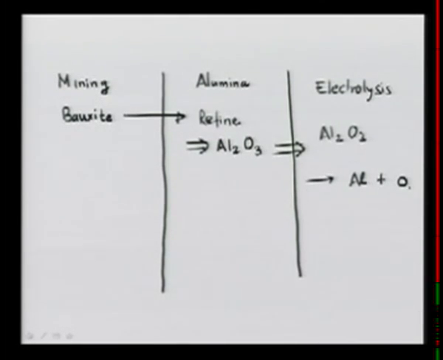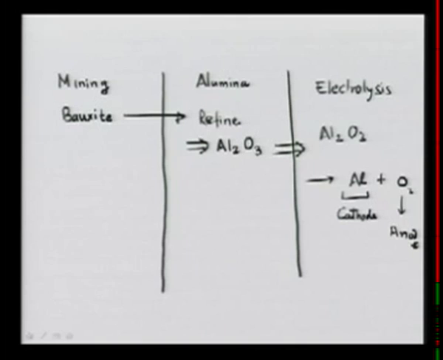The aluminium goes to the cathode, and the oxygen that will come out will go to the anode. And what really happens, we will see in a moment.